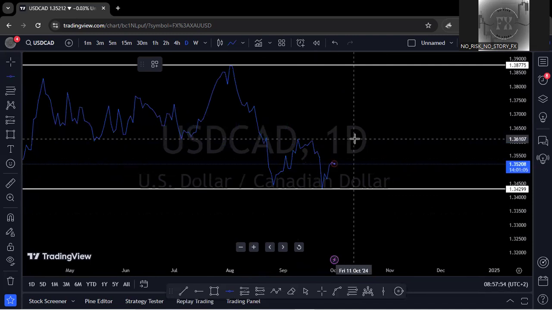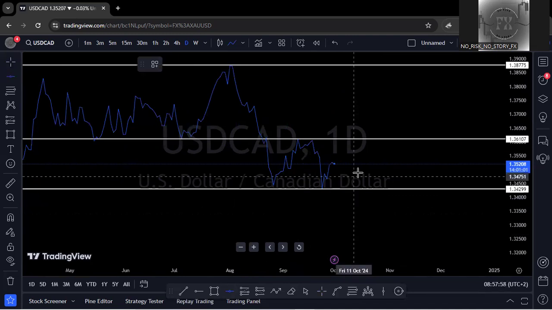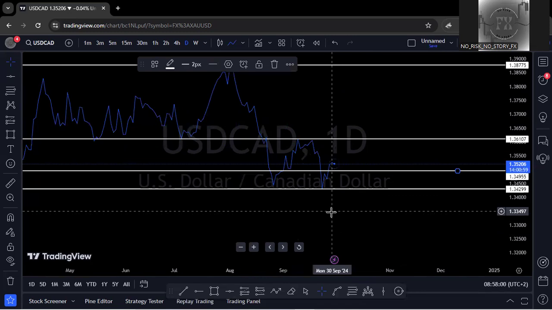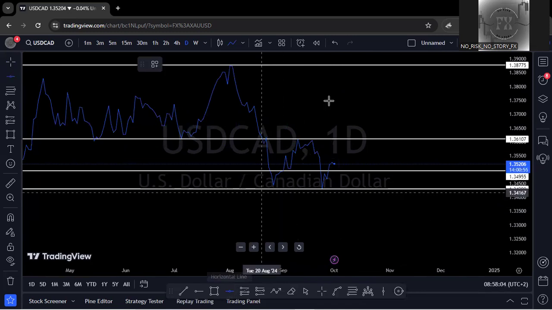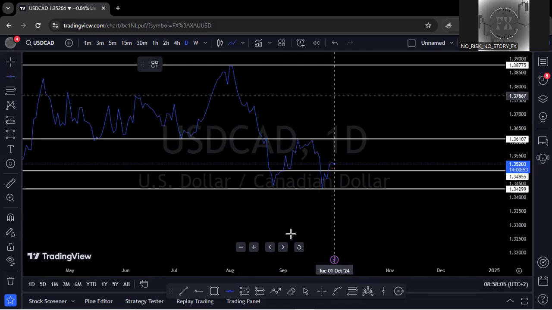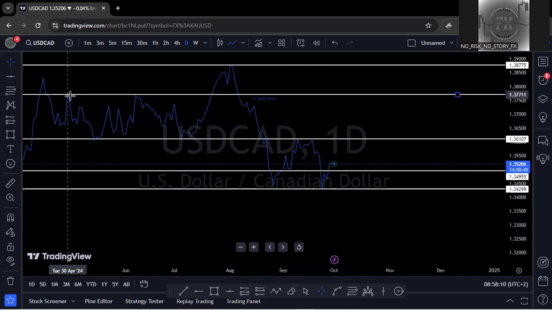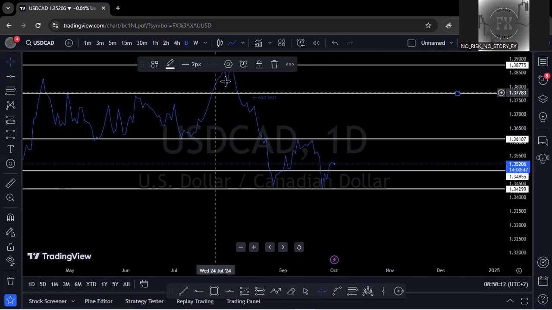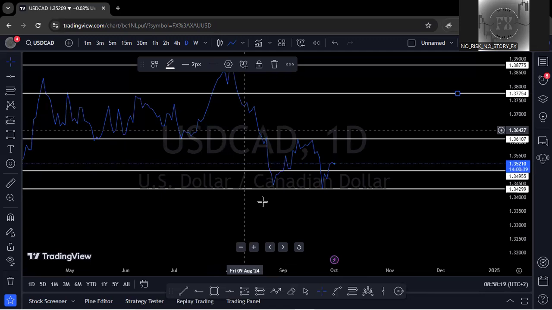So I like to highlight this one, and this one right here, and also this area right here. As you can see, we had a resistance, you get a support, you might get a weak here, and then probably a resistance now. So yeah, something like that.